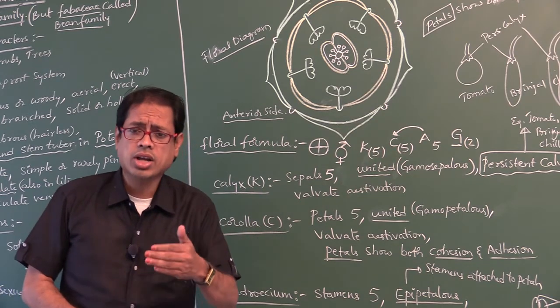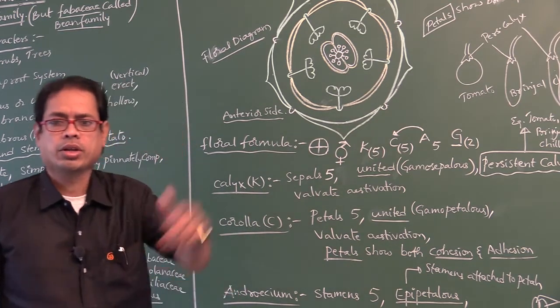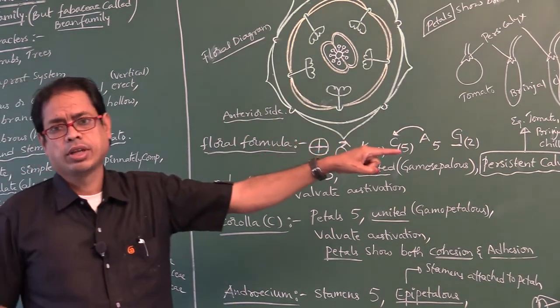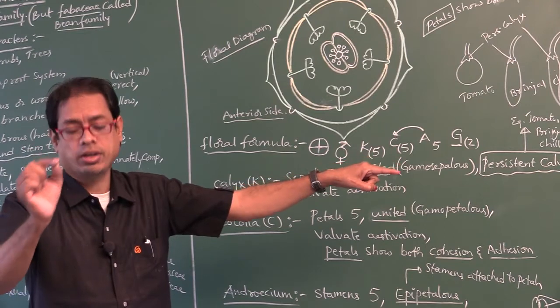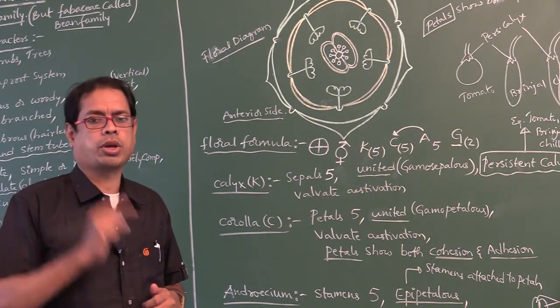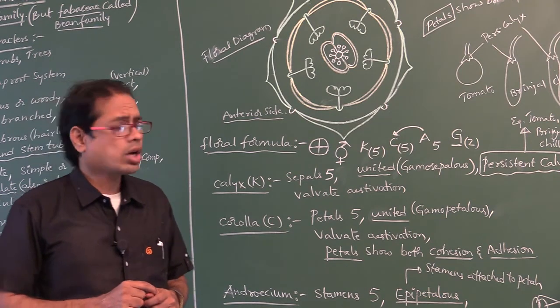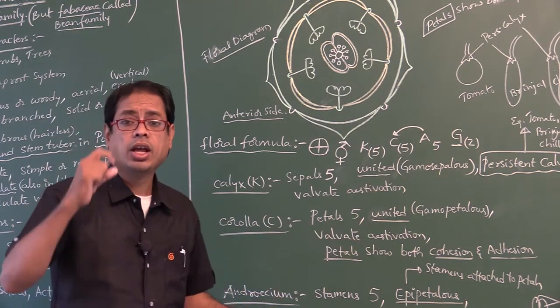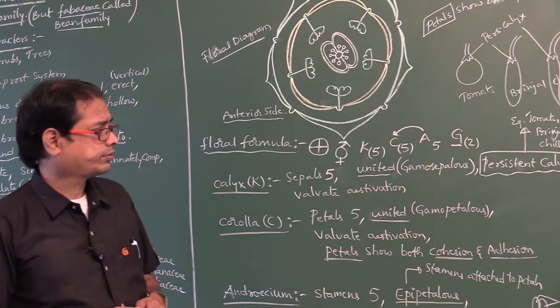Generally dicots are non-endospermic, but this is the dicot family with endospermic seeds. Fabaceae is non-endospermic. Next, what type of fruit? Berry or capsule, whereas in Fabaceae, legume fruit is present.